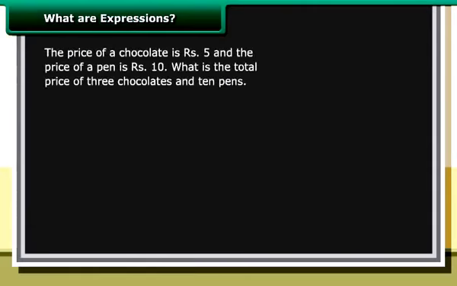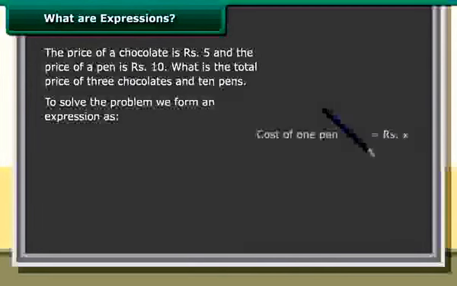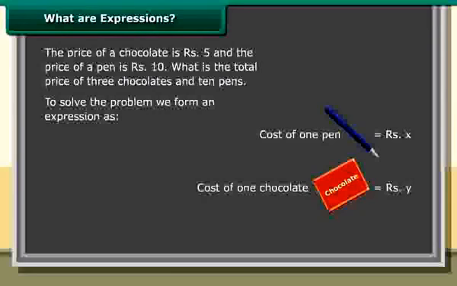What are expressions? The price of a chocolate is ₹5, and the price of a pen is ₹10. What is the total price of 3 chocolates and 10 pens? To solve the problem, we form an expression as cost of 1 pen is equal to ₹X. Cost of 1 chocolate is equal to ₹Y. Cost of 3 chocolates is equal to ₹3Y.